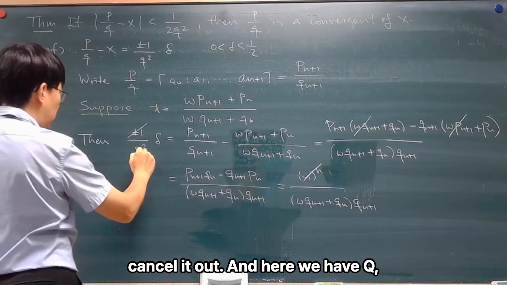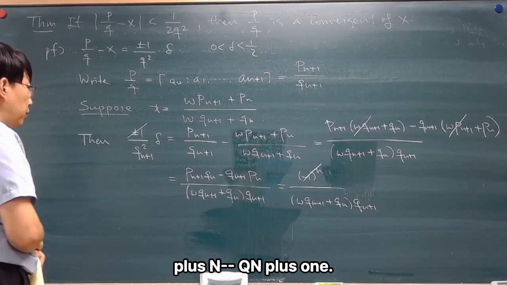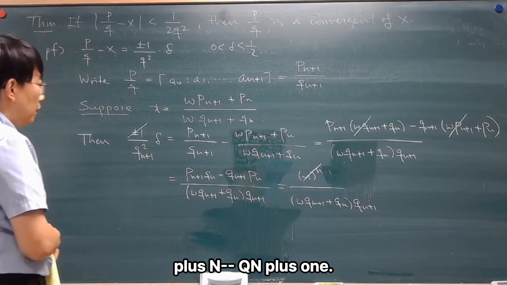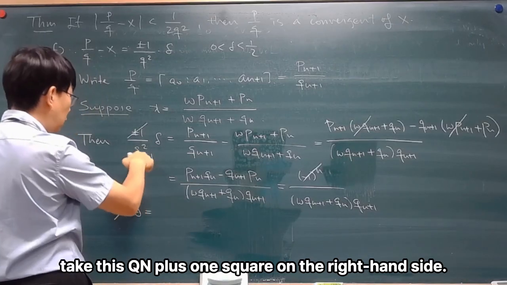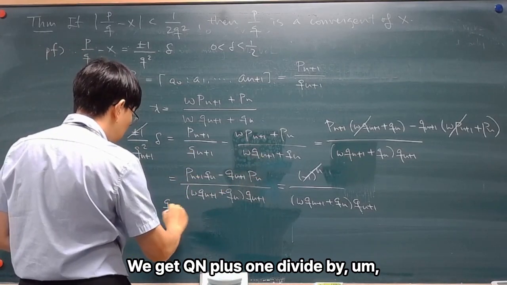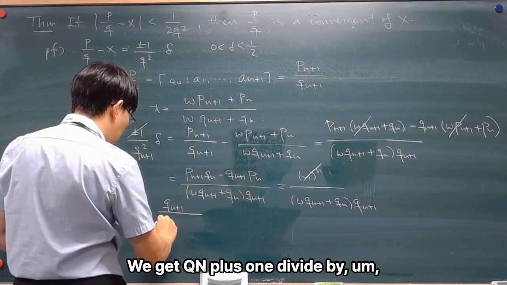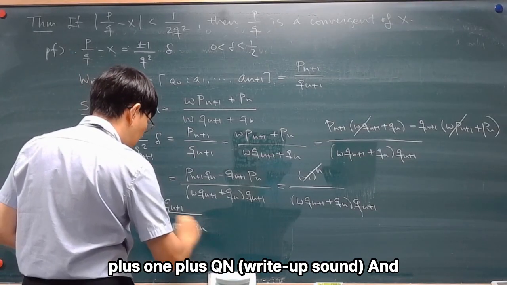And here we have q, but I replaced q by Q_{n+1}, so I can say it's Q_{n+1}. So let's write in terms of delta. Take the Q_{n+1} squared on the right-hand side. We get Q_{n+1} divided by omega Q_{n+1} plus Q_n.